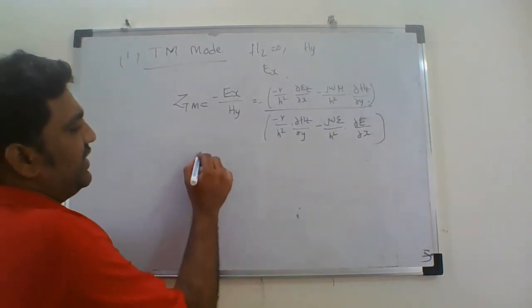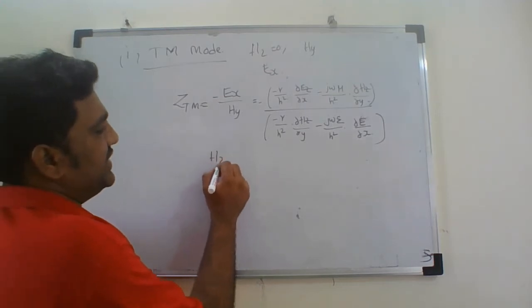Now in case of transverse magnetic mode, we know that Hz is equal to 0.